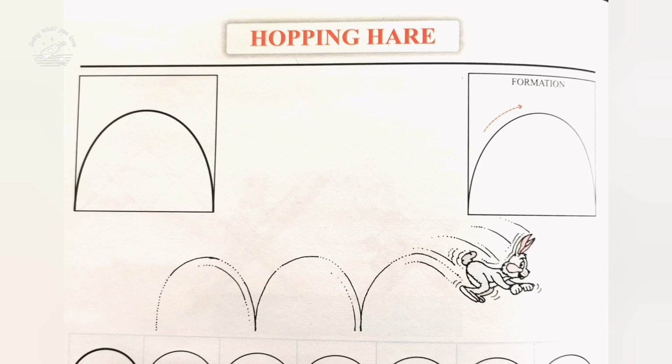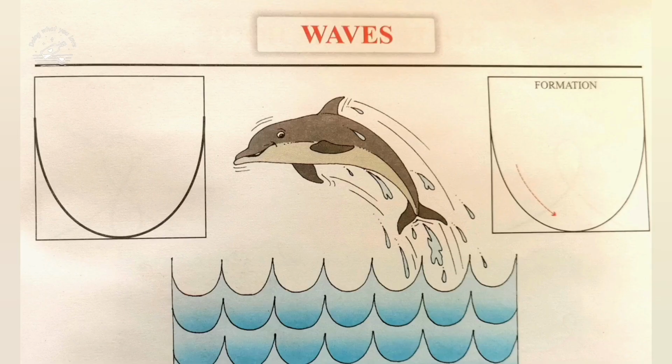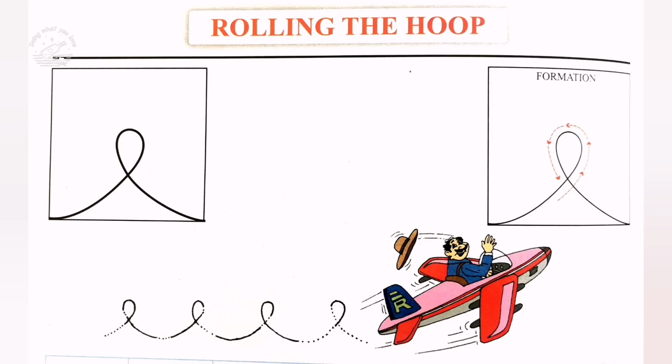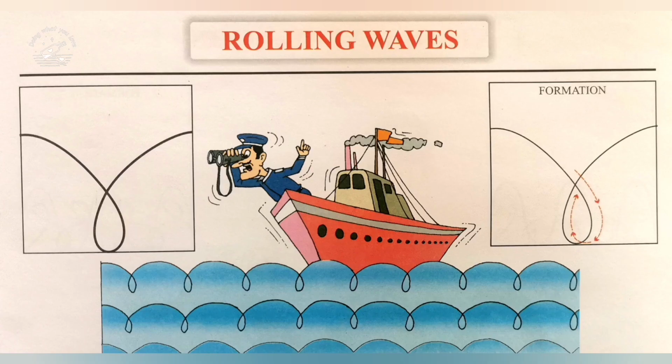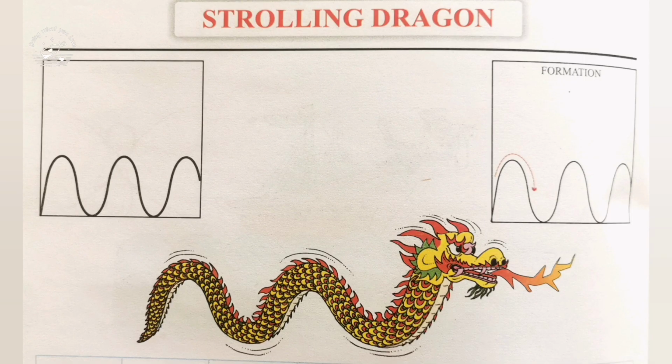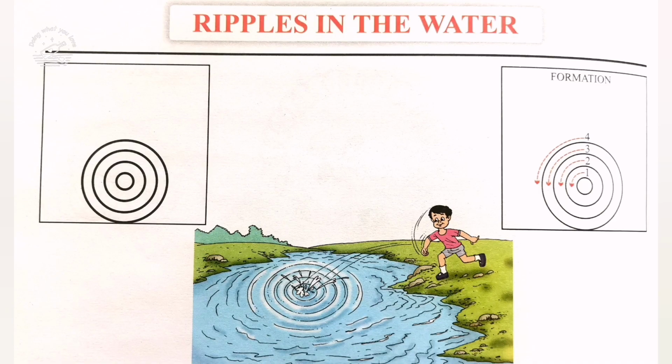Then another curvy line, upper curve and lower curve, and this together will make wavy lines, and a loop line that is like this. When it is made upside down you can see the rolling waves, and this, a strolling dragon, is an example of a wavy line. Then the ripples, and this is called a concentric circle.